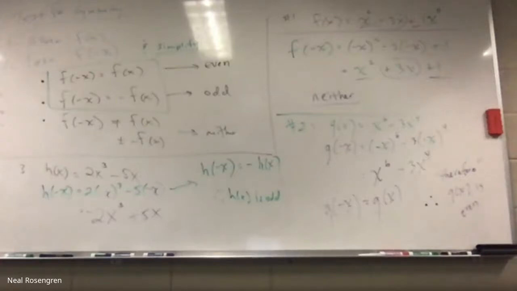That f of negative x doesn't equal f of x, and that it also doesn't equal negative f of x? I think the answer to that question is yes. If you want to prove to me, or whoever's reading it, that your function doesn't have functional symmetry, you have to tell me that it's not even and that it's not odd. So say both. Okay, thank you.